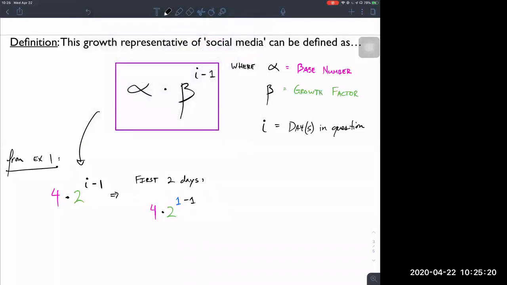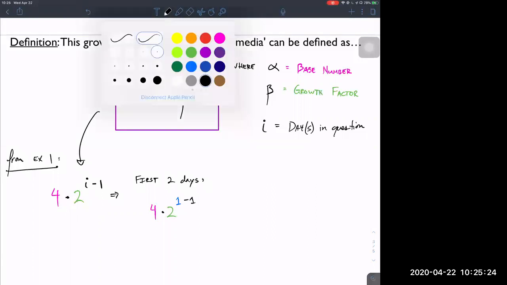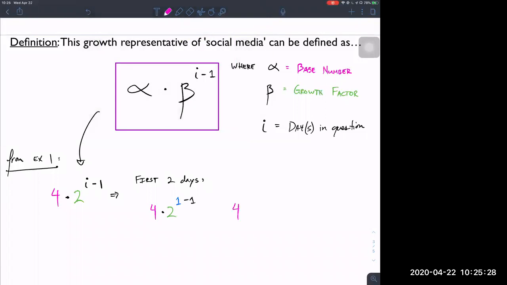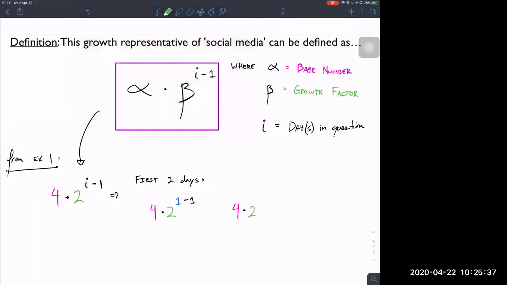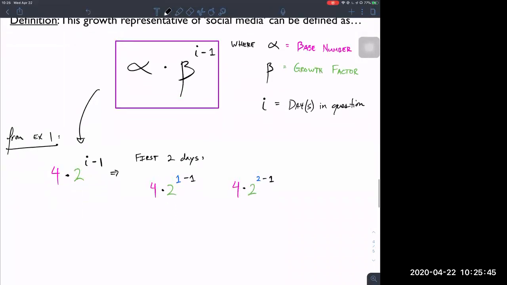Remember, minus 1 is part of the equation. Okay? But then I want it for the first 2 days, so you have to do this twice, right? 4 times 2 to the second day now, and then minus 1. See, so now that's representative of day 1 and day 2 for the first 2 days.